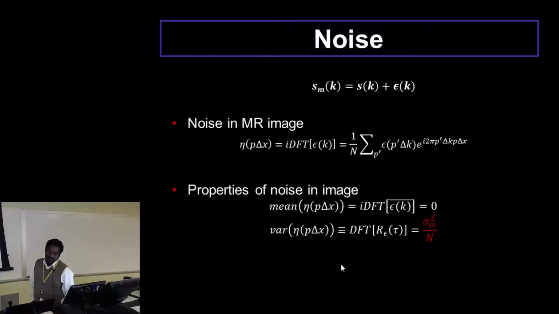Along the dimension where you're doing the Fourier transformation, the noise variance in the imaging domain gets divided by n, the number of sample points that you're sampling and then inverse Fourier transforming to get your image.